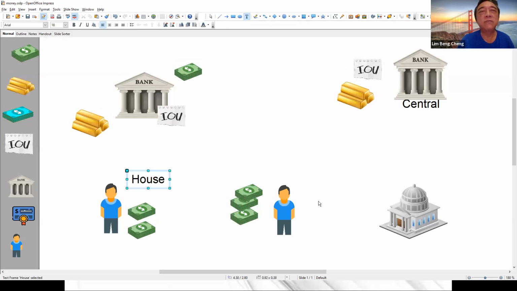So he got a house. So after he received the money for the house, then the bank will deposit the money in the bank.